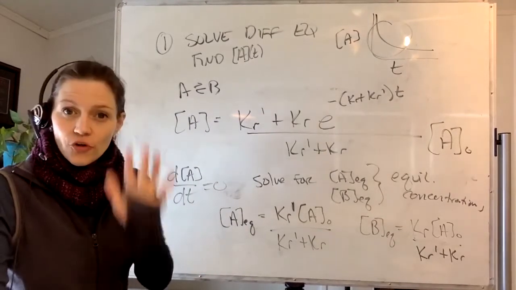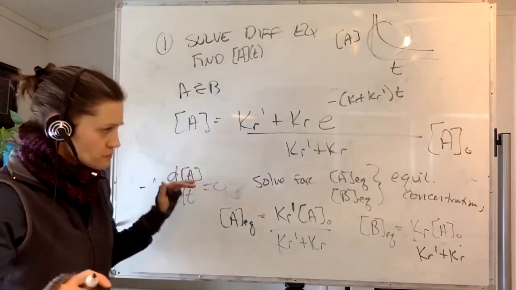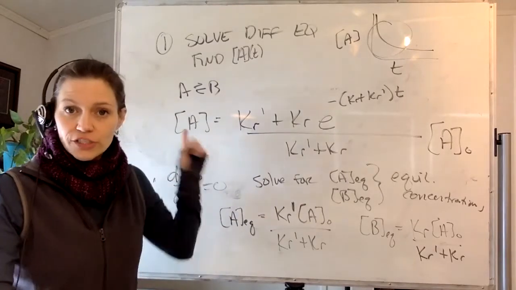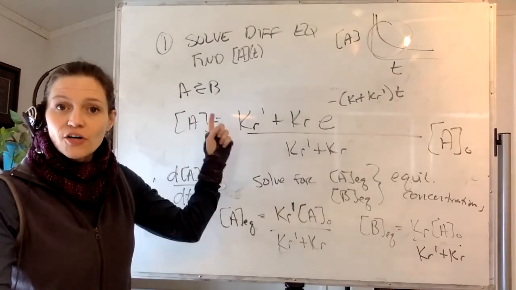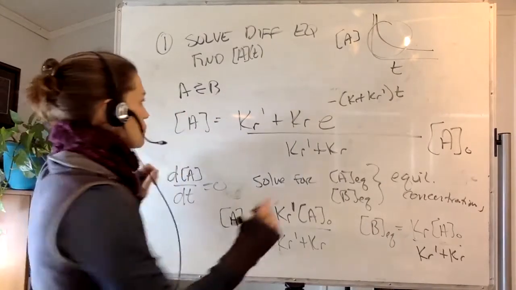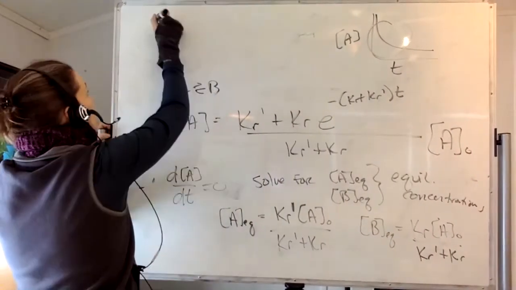Cool. So the goal of all of this, let's take it back, big step. Why are we doing all of this? The goal is to find expressions for the concentrations of A in terms of the rate constants of the different steps.